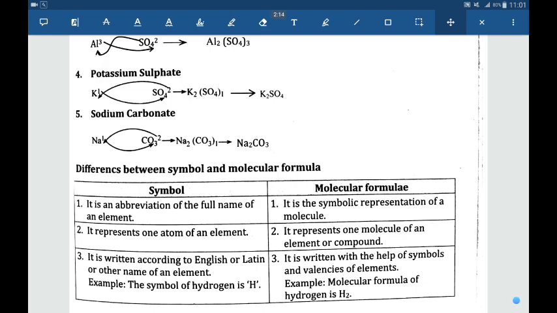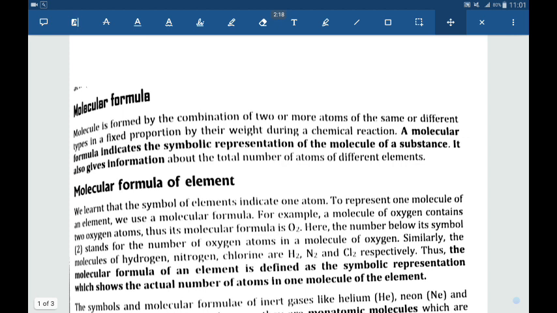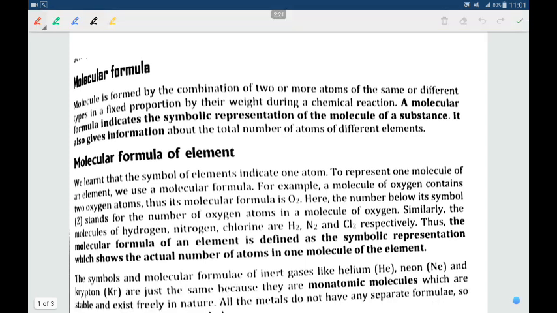Okay students, shall we begin? Okay, at first let's see what is given here. Molecular formula.